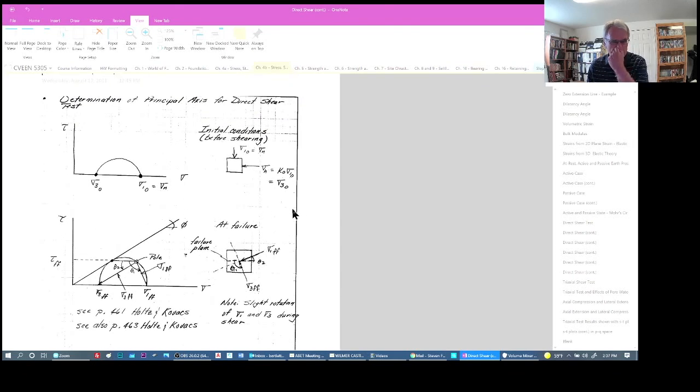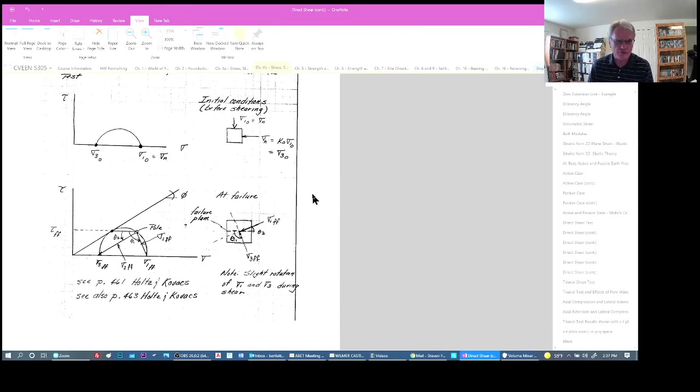I think I've gone through this before, but we'll do a quick review of how the angles rotate at failure. As we start this test, the normal stress is the only stress applied, and there's zero horizontal stress.